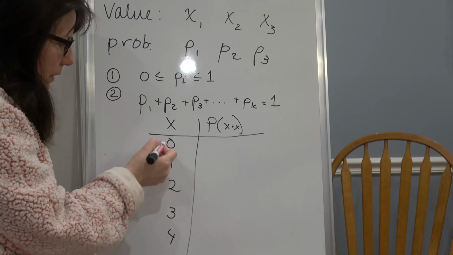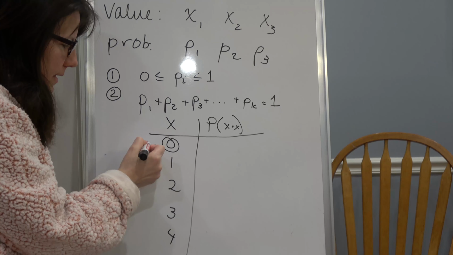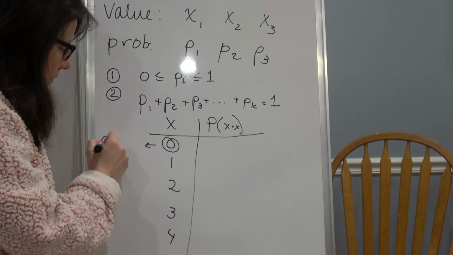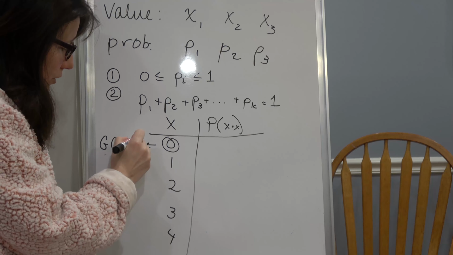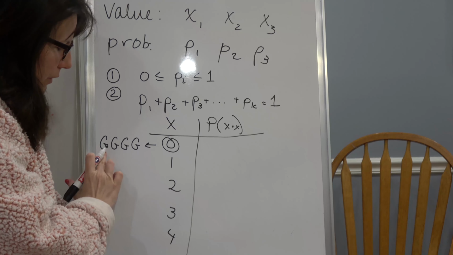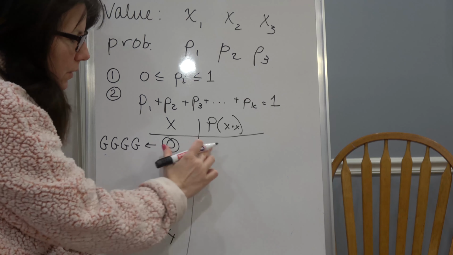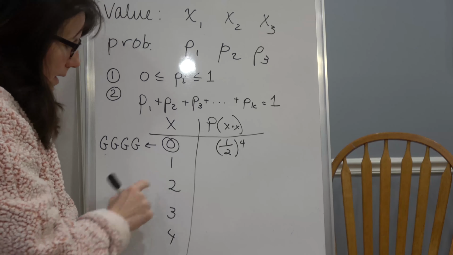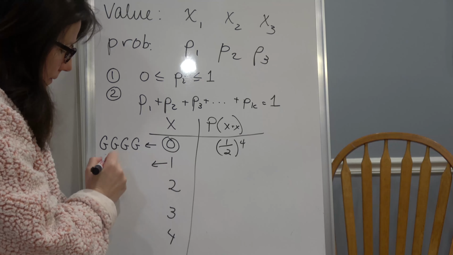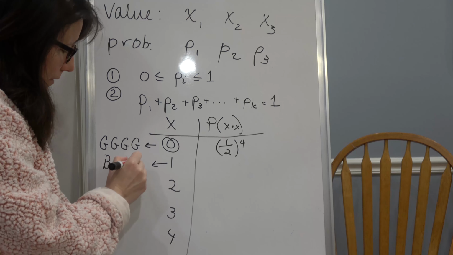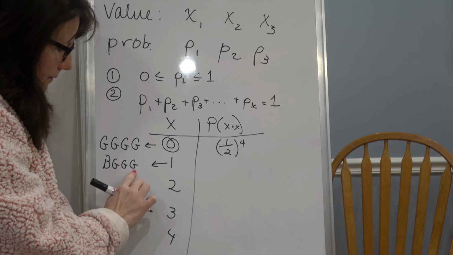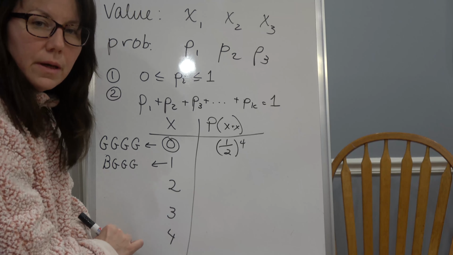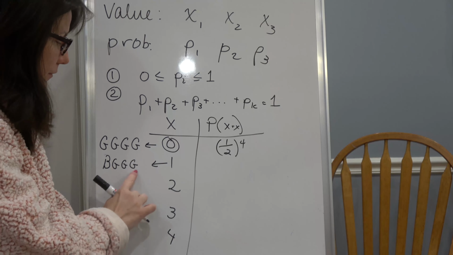So, you have a number here, but it's always nice to think of that as a particular string, right? So that would mean girl, girl, girl, girl, which would have a probability of 1/2 to the 4th. 1 boy, well, that could be a boy on the first child or on any of the other birth order positions, and so that would be 4 ways.